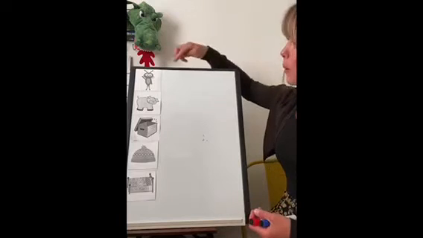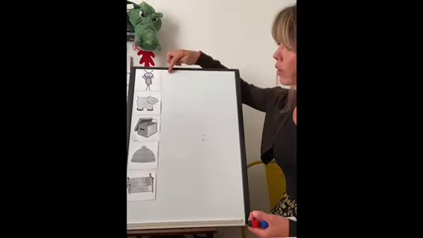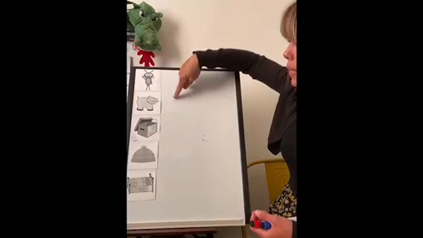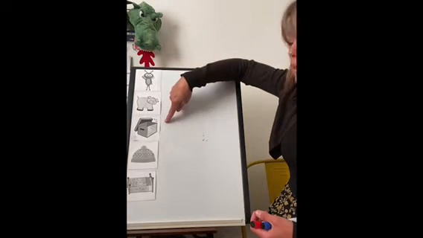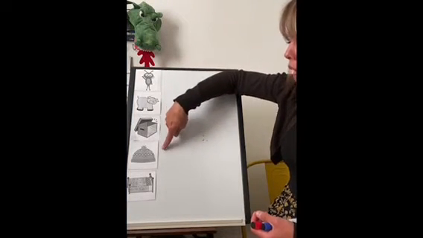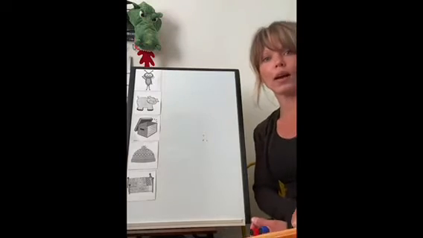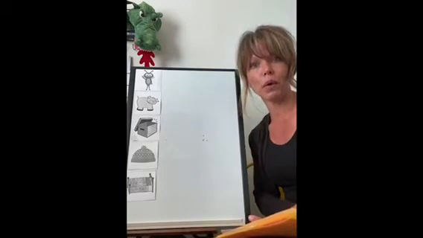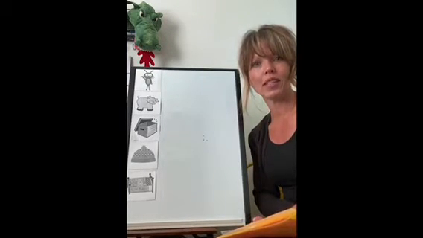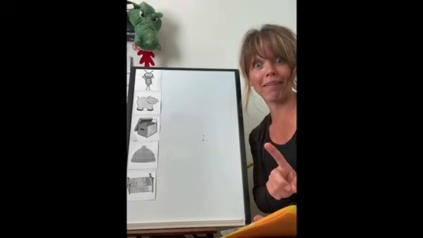We're going to spell bug. We're going to spell pig. We're going to spell box. We're going to spell hat. And we're going to spell bed. I'm going to have you do that right now. I'll give you a couple minutes to spell those words. Ready, set, spell.